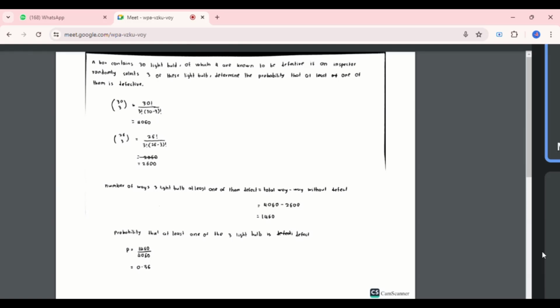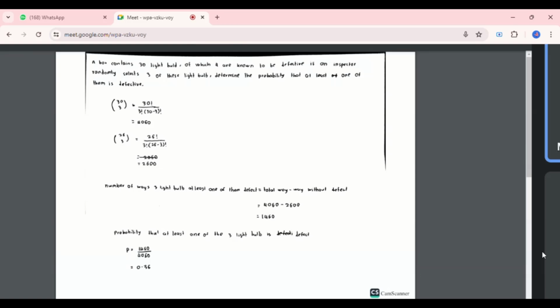To solve the question, we compute 30 factorial divided by 3 factorial times (30 minus 3) factorial, and we get 4060 ways in total. And then the number of ways to select 3 non-defective bulbs from 26 non-defective light bulbs. 26 comes from subtracting the 4 defective from the 30 light bulbs.